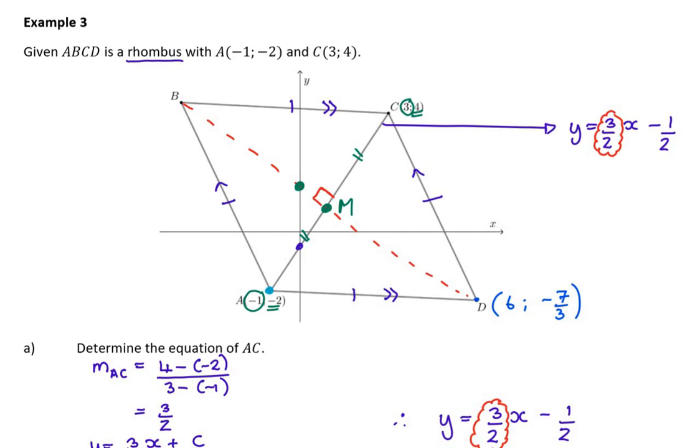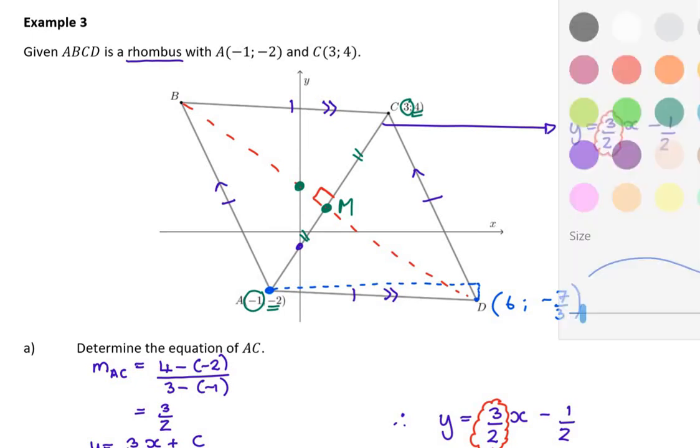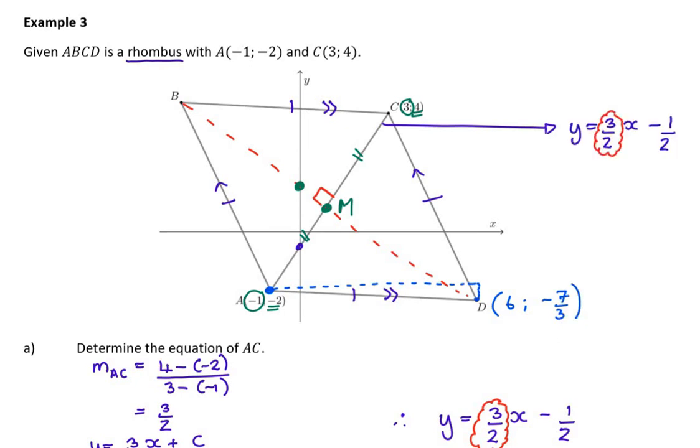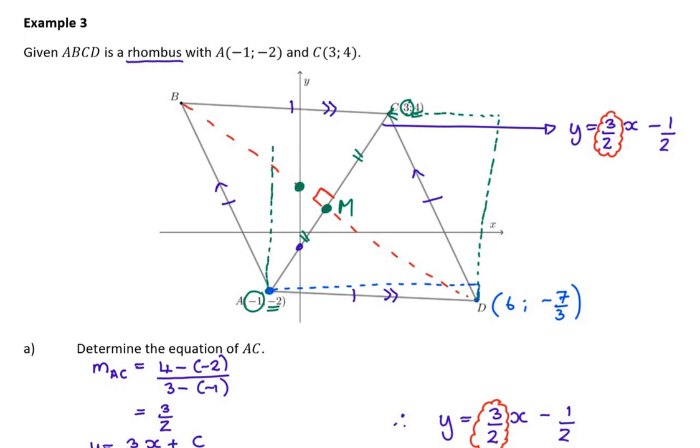I could say to myself, how do I go from A across and then down to D? Or I could ask myself, how do I go up from D and then across to C? Now that might be easiest because it's easier for me to go up and then across to B than to work backwards.